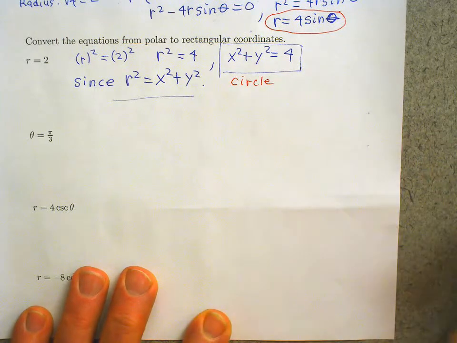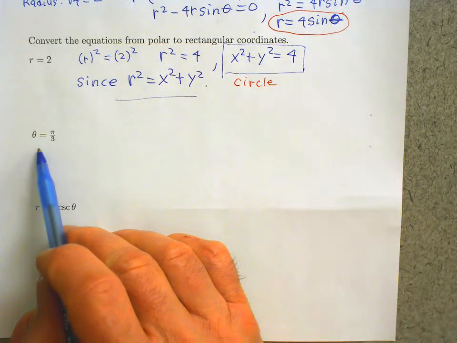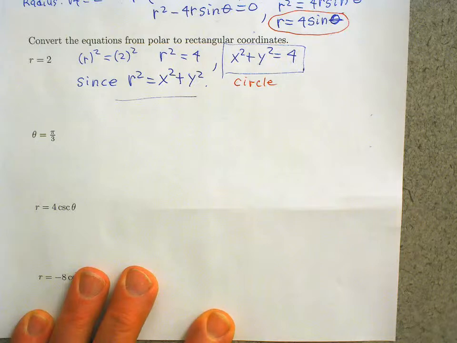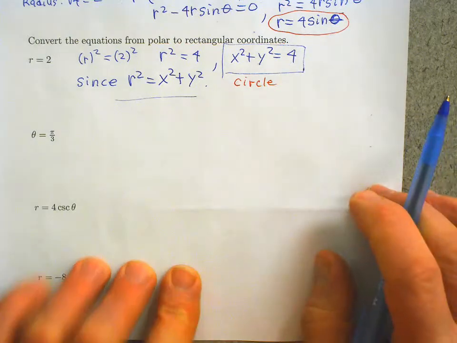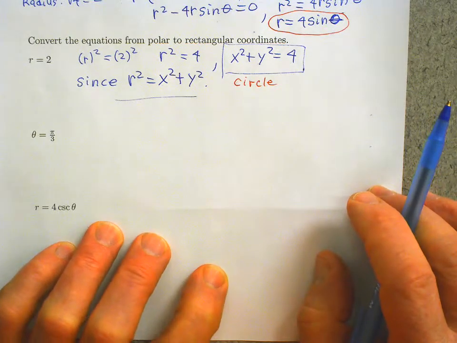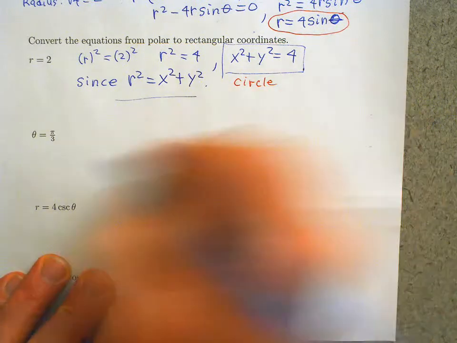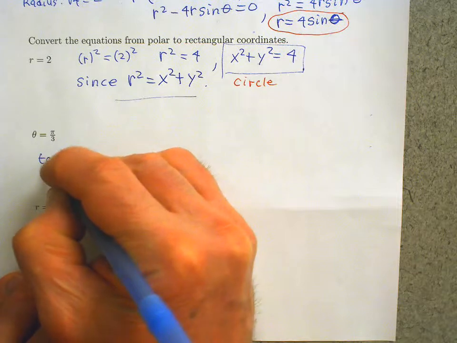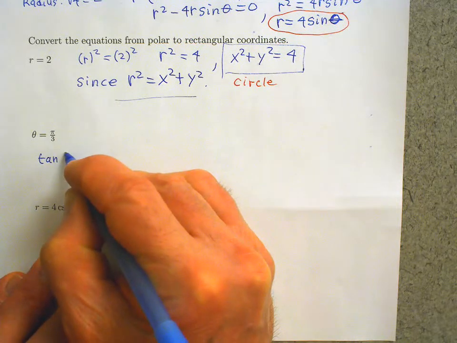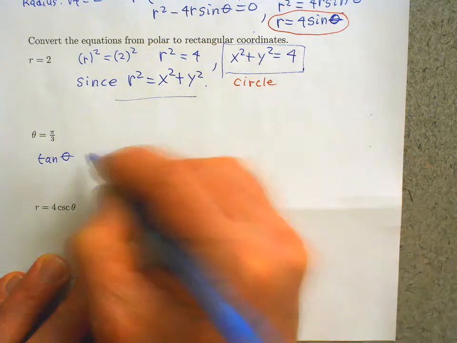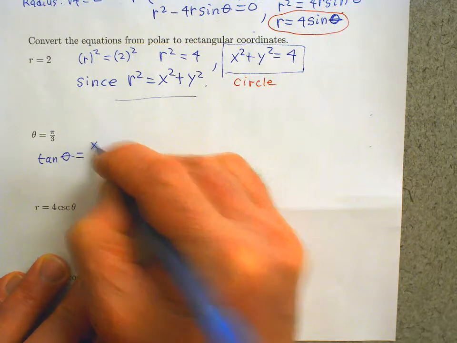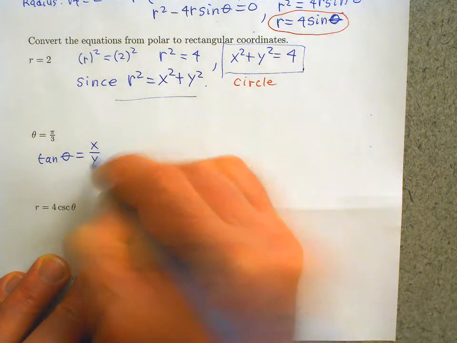Okay, so that might convince you that the graph is a straight line, but how do we convert it to rectangular coordinates? Well, this time we're going to use the fact that tangent of theta is equal to x divided by y.